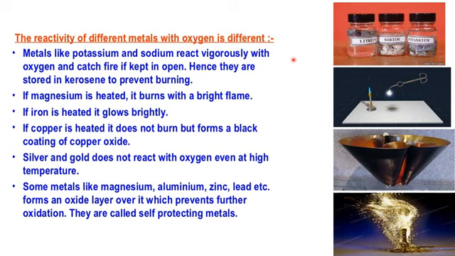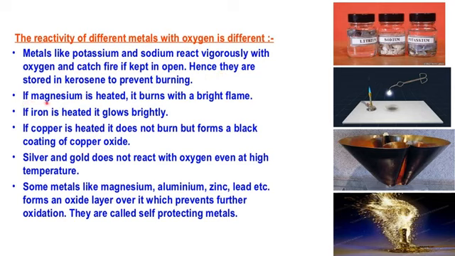That is why they are kept under kerosene oil. We know that hydrogen is quite a flammable gas, and the amount of heat produced by the absorption of water molecules from the atmosphere is enough to make hydrogen catch fire, and oxygen is present in the atmosphere which definitely supports fire. So that is why these metals are stored in kerosene.